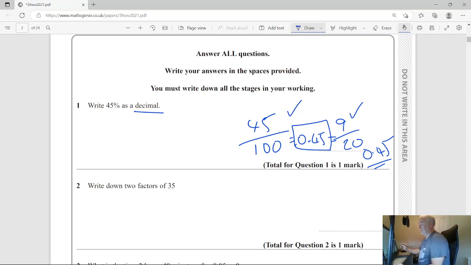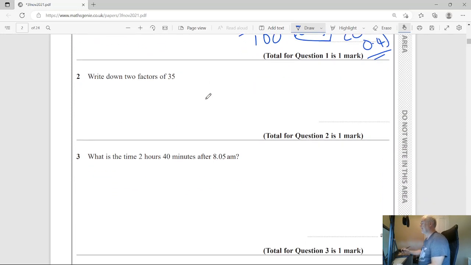If we're looking at question 2, write down 2 factors of 35. So if we broke this into a factor tree, we've got 1 times 35, 2 doesn't go into it, 3 doesn't go into it, 4 doesn't, 5 does, 7 times, and we just want 2 of those factors. So you could put any of those 2, for instance 5 and 7.